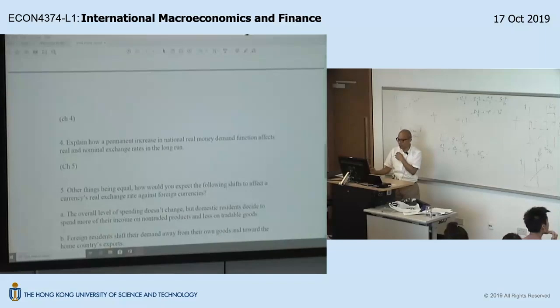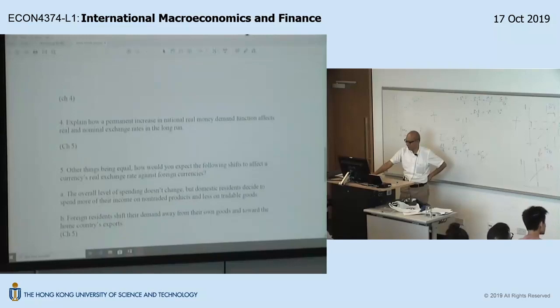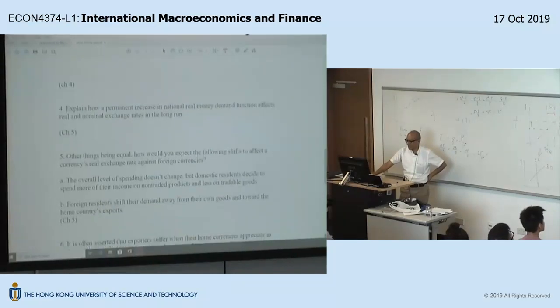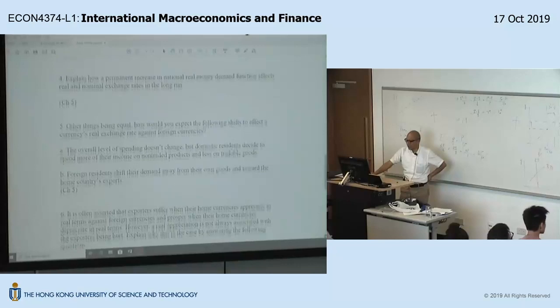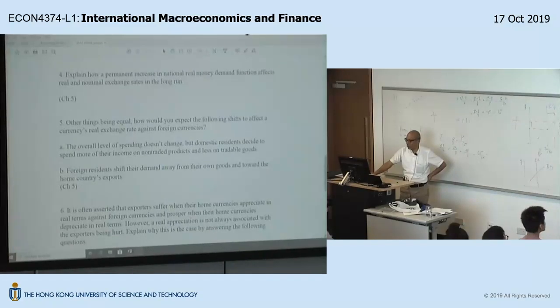Explain how a permanent increase in national real money demand affects the real and nominal exchange rate in the long run. Do you have any question about this? Number 5 is: other things being equal, how would you expect the foreign shift to affect the real exchange rate in foreign currency?